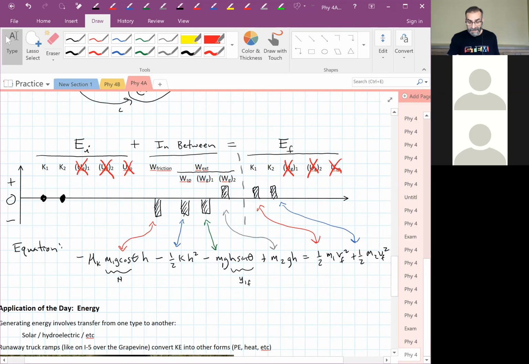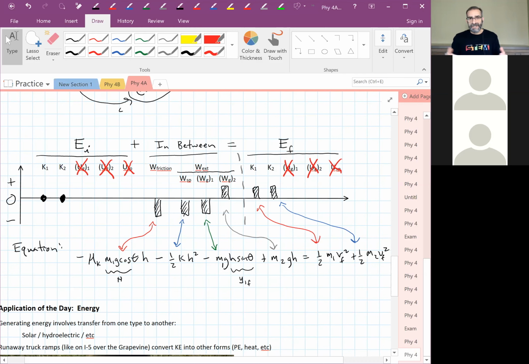There's a lot going on in this equation. When your system is just one thing, a block sliding down an incline, work kinetic energy theorem, conservation of energy, they just immediately both give you the same equation. But when you have two masses and a pulley and a spring, maybe two springs, it becomes more complicated.